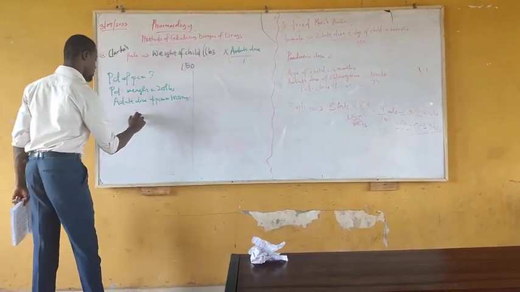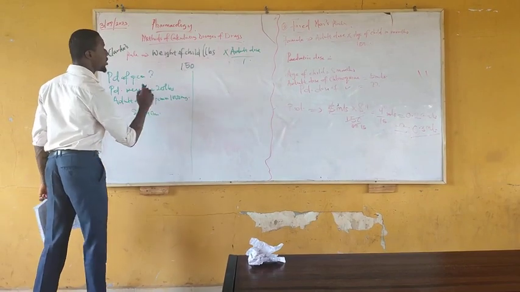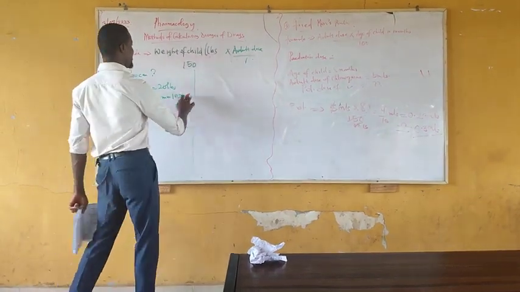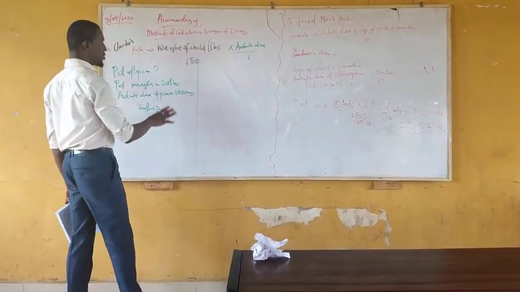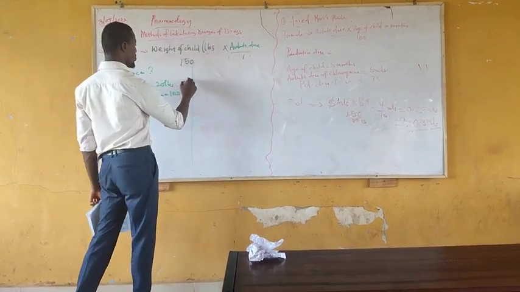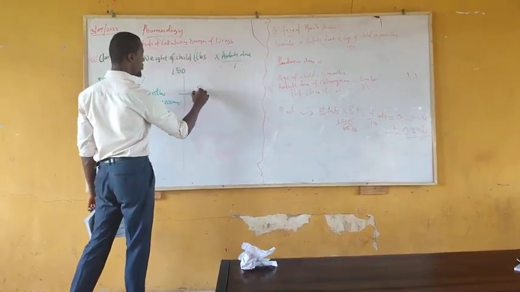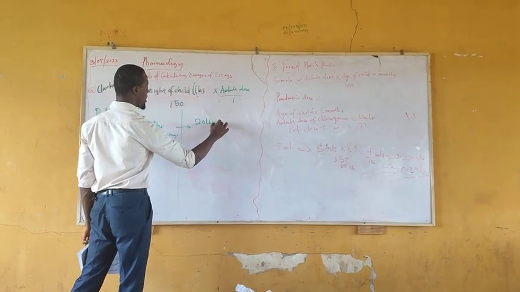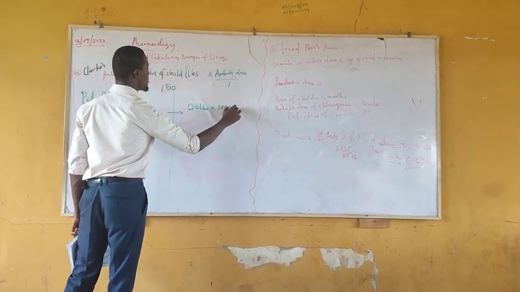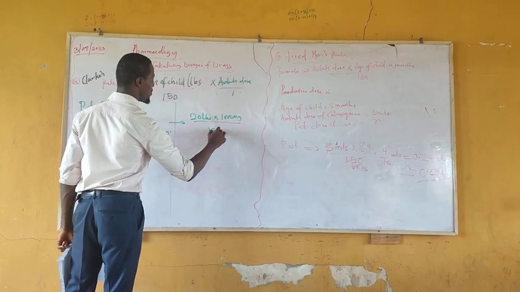We don't need to divide it, so we can put it straight away. We are working in pounds now. So we slot in 20 pounds times 1000 milligrams over 150.